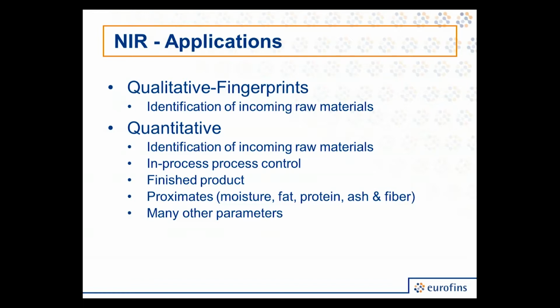Here are some ideas how near-infrared may pose a benefit to your process. Incoming raw materials can be analyzed to verify that suppliers are sending in-spec materials. The product mix can be analyzed by infrared to ensure that all ingredients were added correctly. Finished products can be analyzed to ensure product quality and to verify label claims.